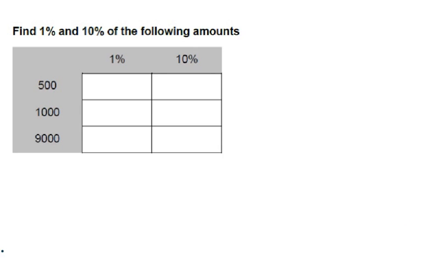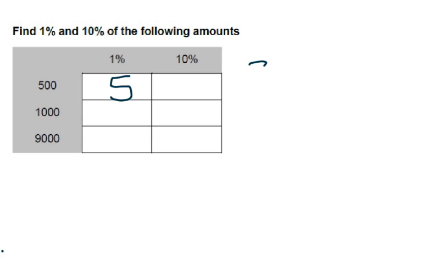Okay. So the first part of the work you're going to be doing today is finding 1% and 10% of a number. So for example, on here, 1% of 500. So you're doing 500 divided by 100. Nice and easy. Then you're finding 10% of 500.